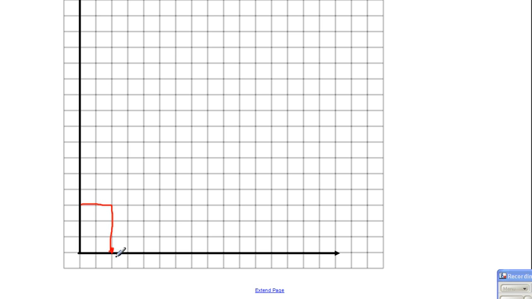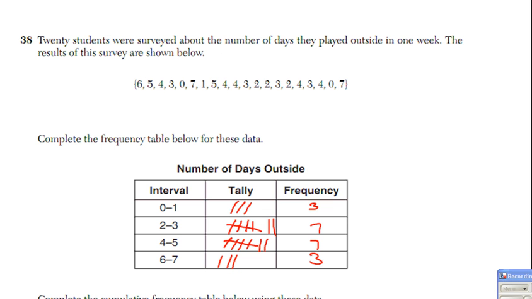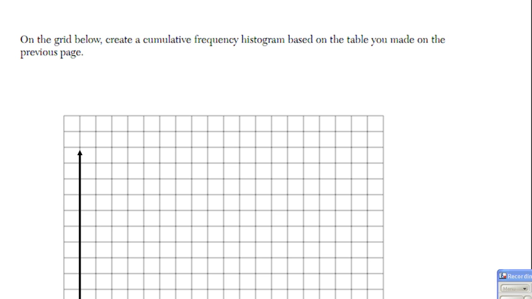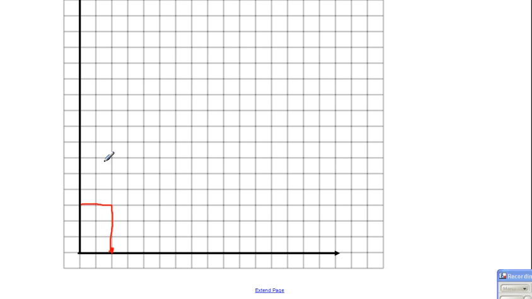Now next one is from 1 to 2, we had 7. That means 7 from 3 units, so we have 3, 7.